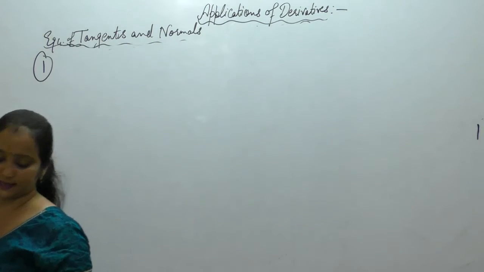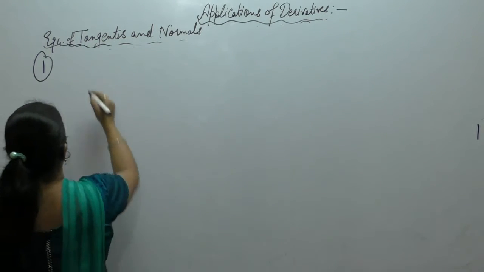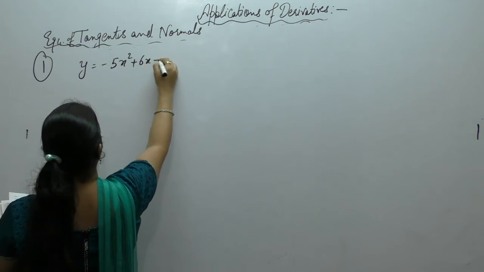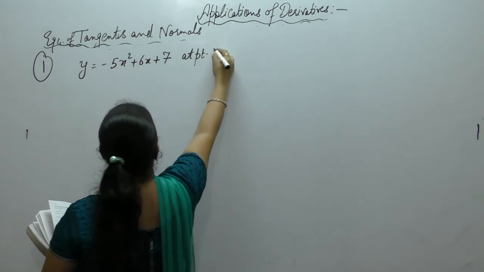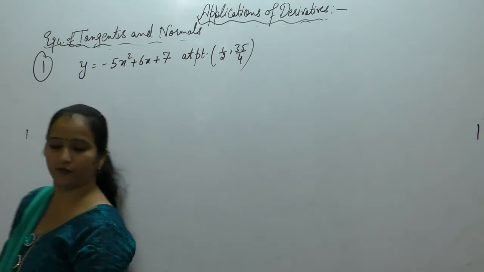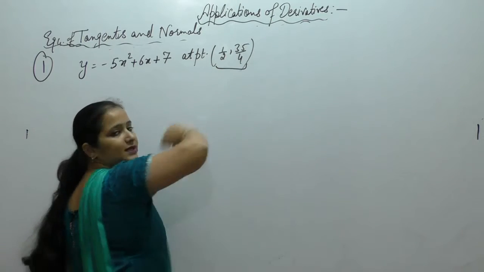Equation of tangents and normals. Find the equation of tangent to the curve y equals minus 5x square plus 6x plus 7 at point (1/2, 35/4). Now we want to find the equation of tangent which passes through this point.